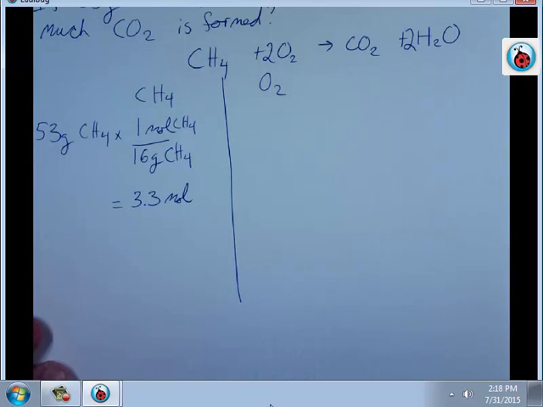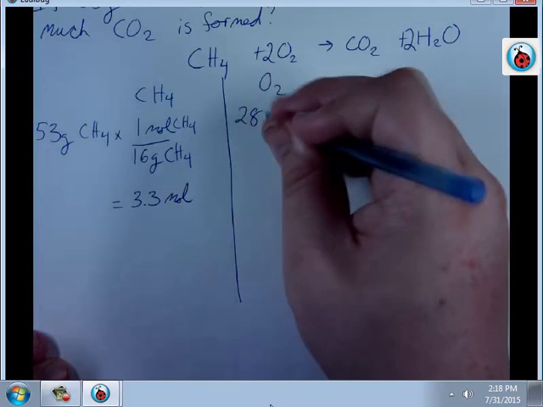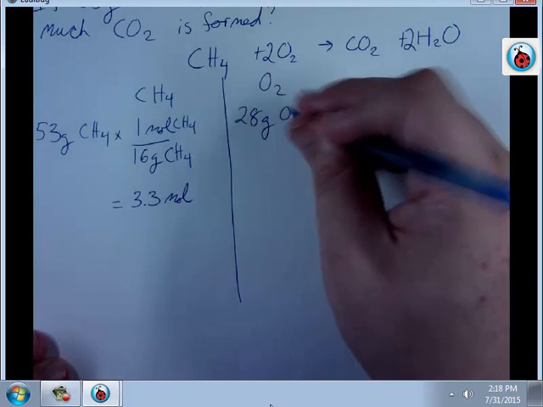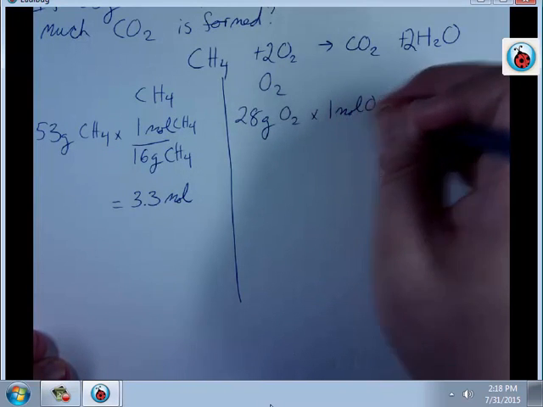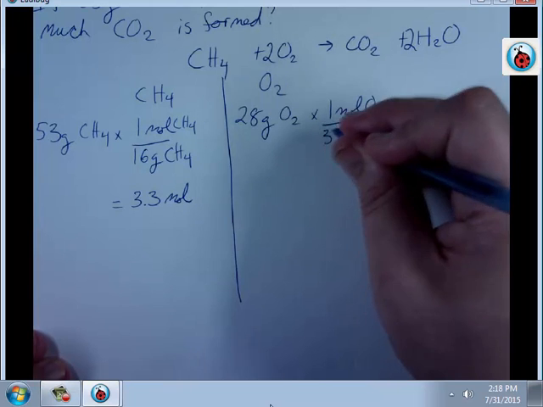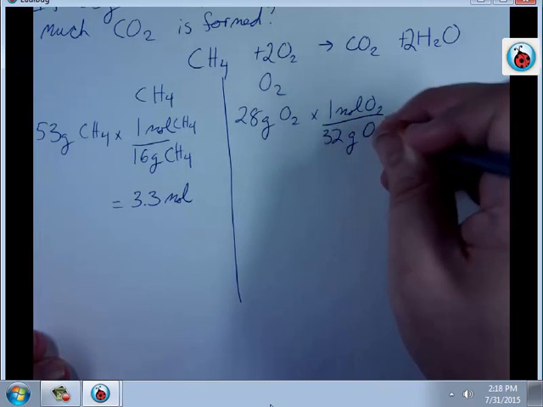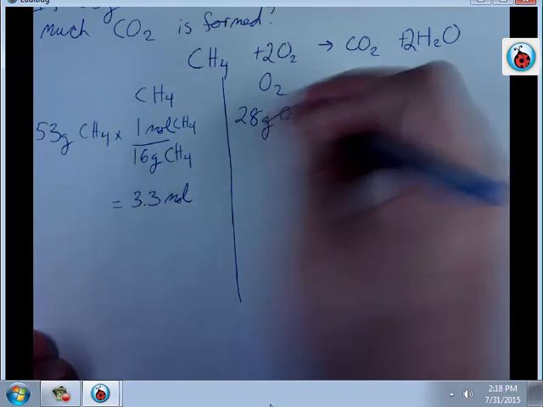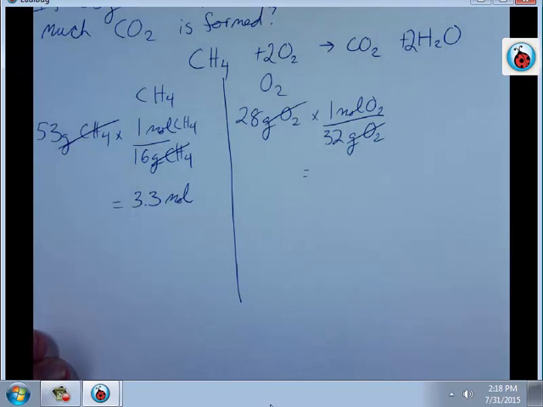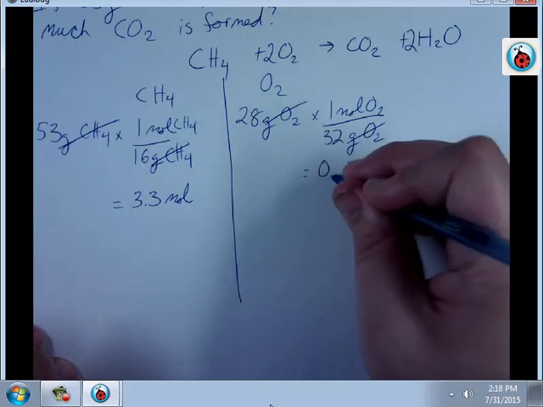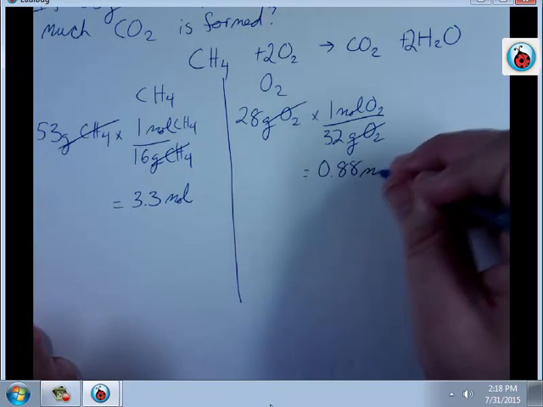And here for the oxygen, I have 28 grams of O2 times 1 mole O2 for every 32 grams of O2. And I get 0.88 moles of O2.